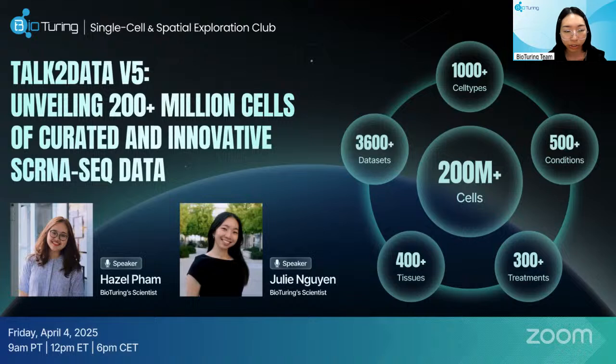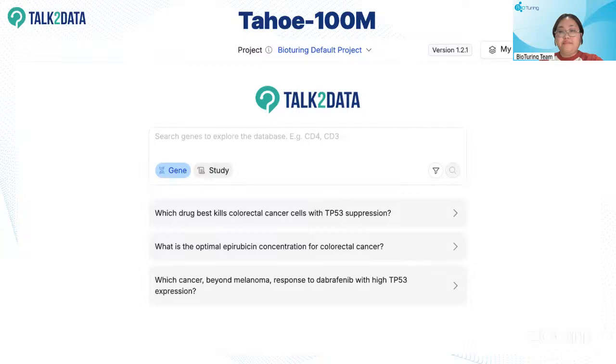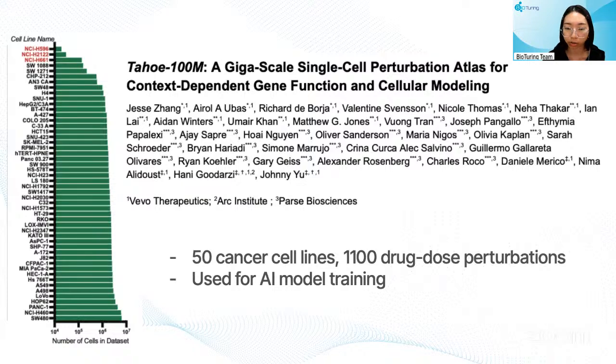Before we jump into the agenda for today, we're going to talk a little bit about our talk from last week. From last week, we dived into this data set, the Tahoe 100 million data set, and we've garnered a lot of interest from people who watched our last talk.